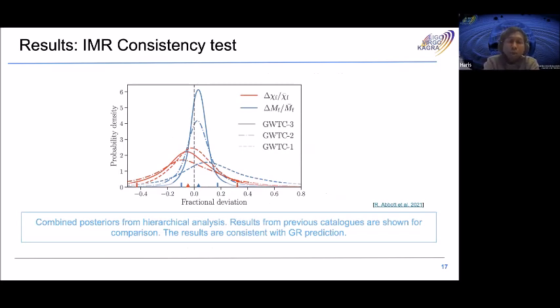And we also show the results from the previous catalogs, that is GWTC-1 and 2, in different shades, just for comparison. And as you can see, the histograms are consistent with 0, indicating consistency with GR predictions. Next slide.